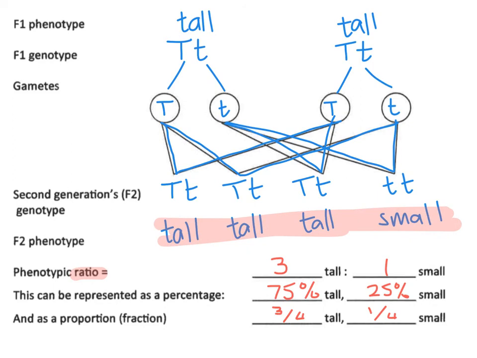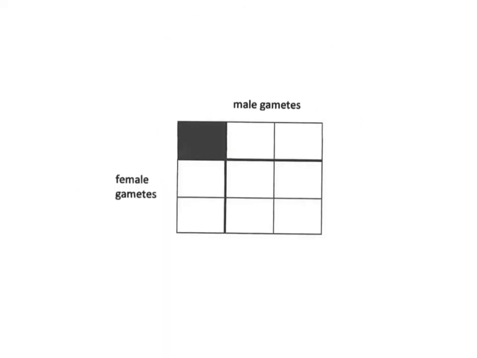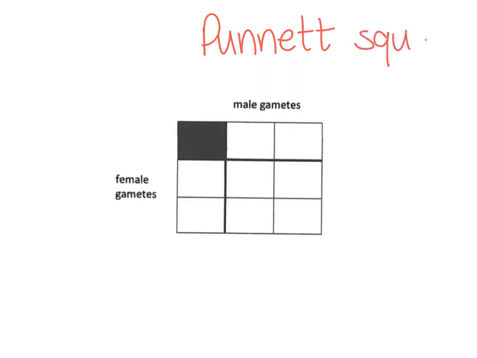Okay, now it's actually easier to draw it out a different way. This, from year 10, is called a Punnett square, named after a Mr. Punnett. And our cross, we had 2 of the tall plants that had the big T and little t.